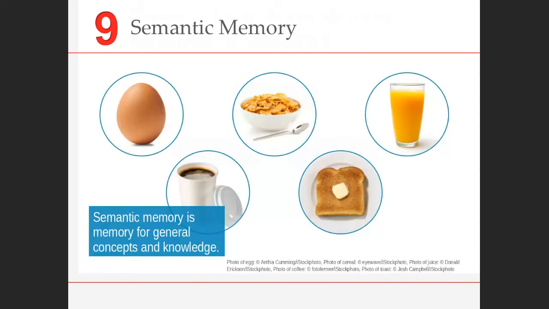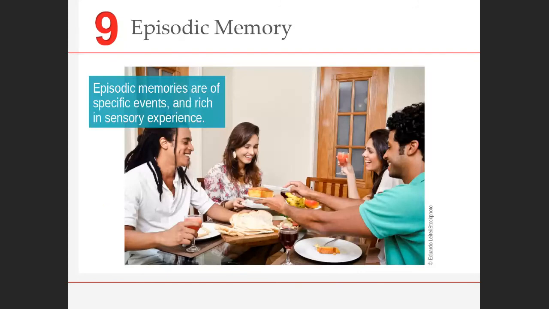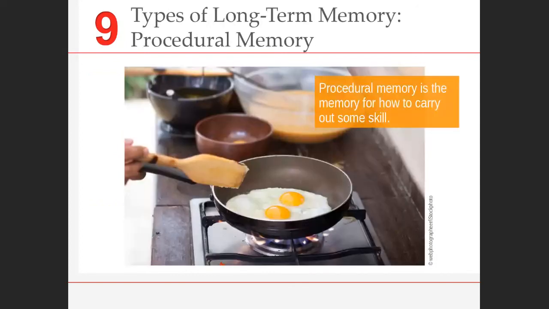Semantic memories are your general knowledge, things that you learn in school, like these are breakfast foods. Episodic memories are memories in your life. Now, procedural memories, on the other hand, those are long-term memories for how to go about doing something.